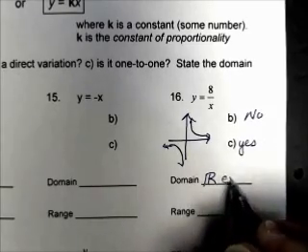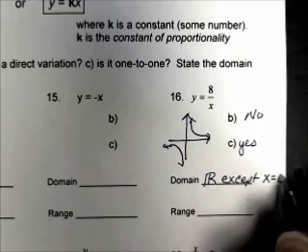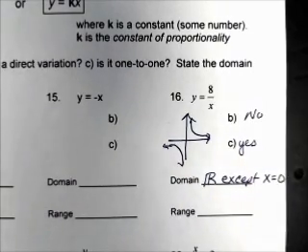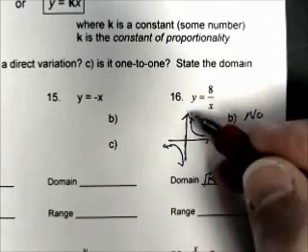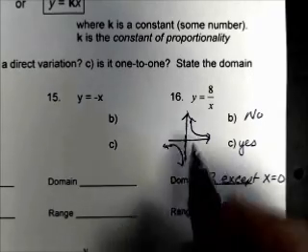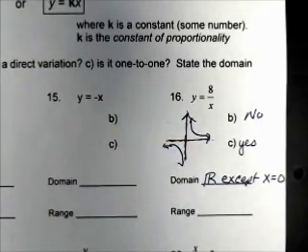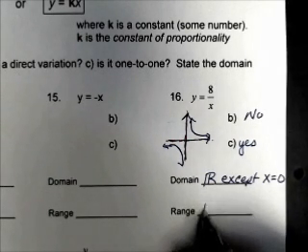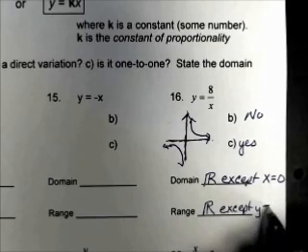So it's all real numbers except x equals 0. We have what's called a vertical asymptote there. The y-axis is a line that the graph approaches but does not cross. And when we look at the range, we have the same thing with the x-axis. The range is all real numbers except y equals 0.